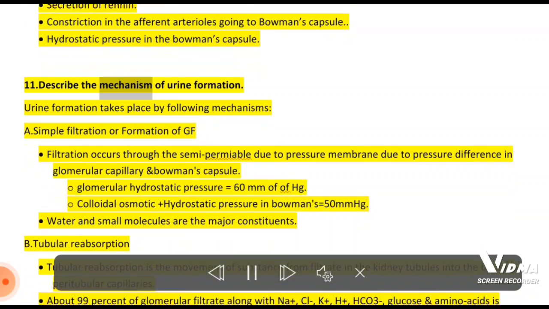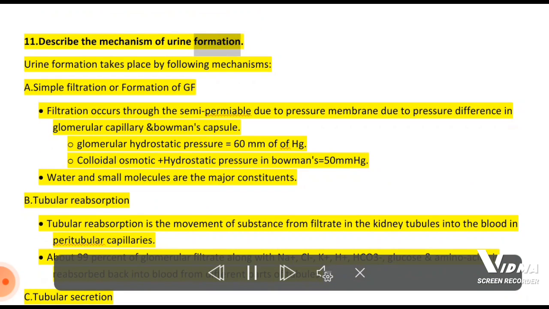11. Describe the mechanism of urine formation. Urine formation takes place by the following mechanisms. A. Simple filtration or formation of glomerular filtrate. Filtration occurs through the semi-permeable membrane due to pressure difference between the glomerular capillary and Bowman's capsule.